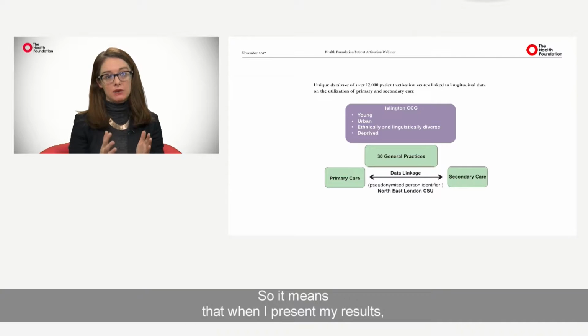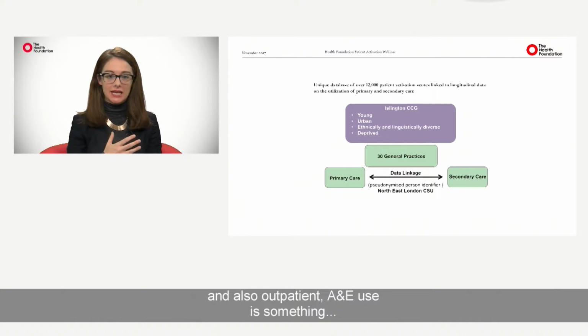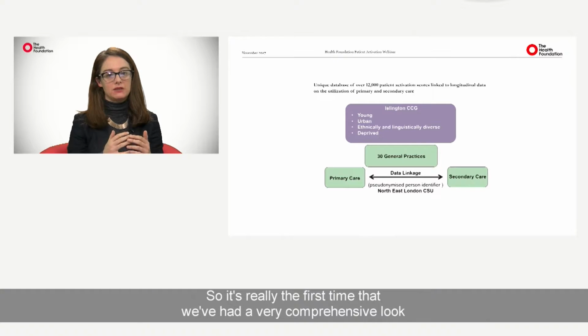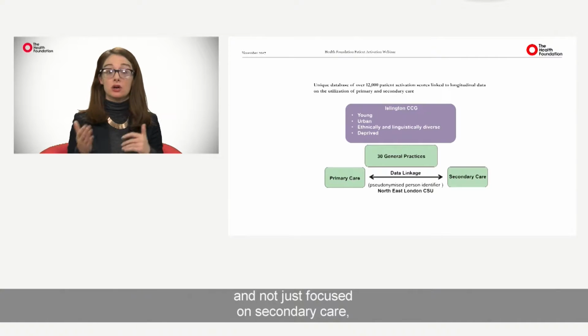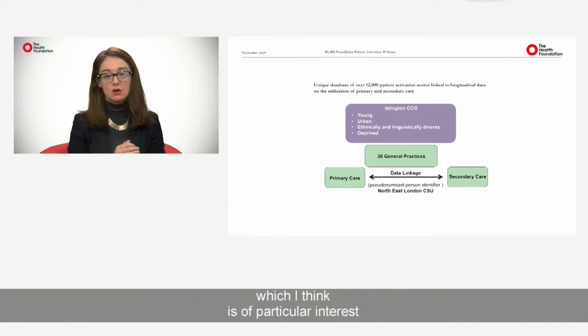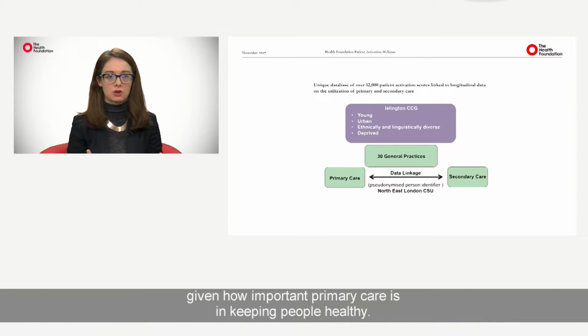So when I present my results, we have information for both primary and secondary care, and also outpatient and A&E use, which we also looked at. It's really the first time we've had a very comprehensive look at the impact of activation across the health economy, not just focused on secondary care, which I think is of particular interest for those with chronic conditions, given how important primary care is in keeping people healthy.